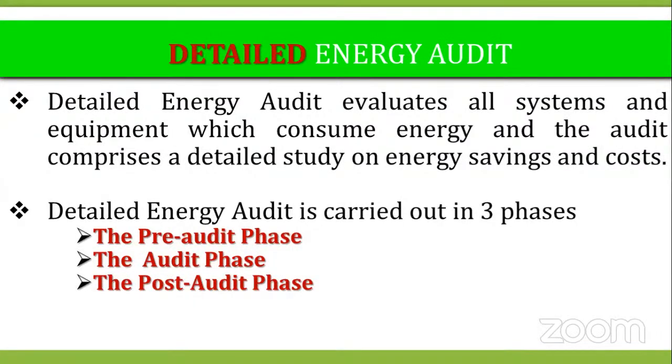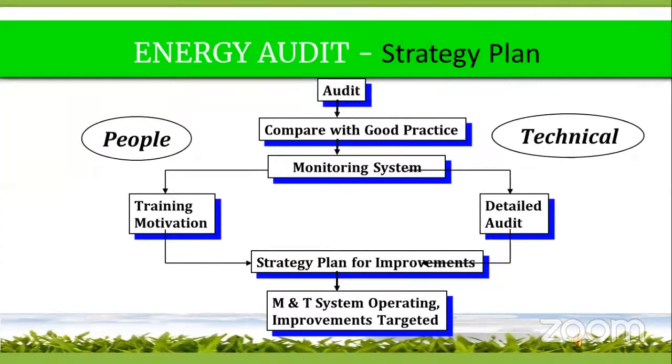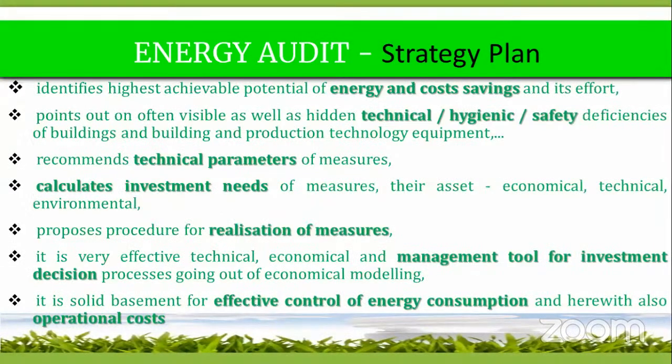When sitting on that problem, we make suggestions: why can't we do such things, and what, when, which, and how for that problem. Once it is okay, we suggest the post-audit phase. This is the betterment done to the suggestions, and that is the post-audit phase. So we have these examples. The flow of study and the strategic planning were also discussed.